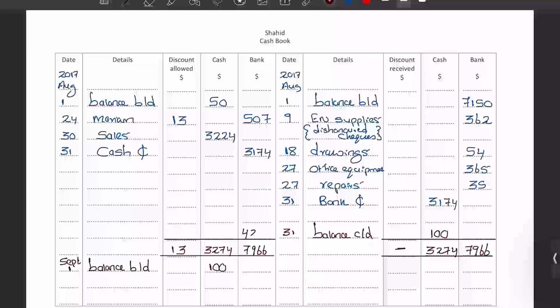See if you are getting 4285, that will be the balance CD 4285. And enter the balance BD opposite side below the total. After August, it will be September 1st.